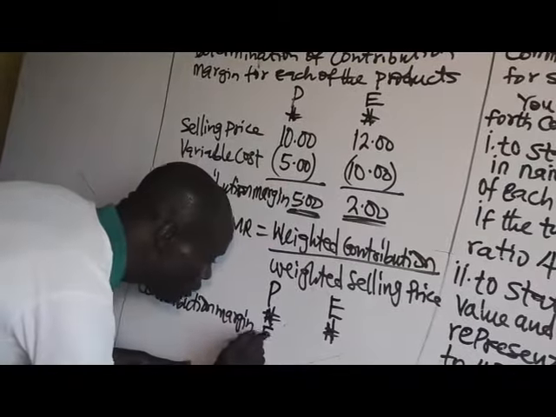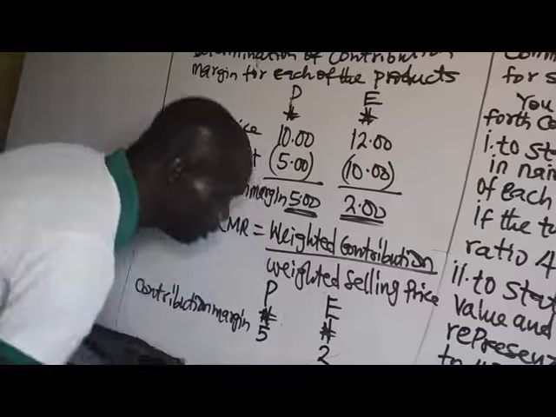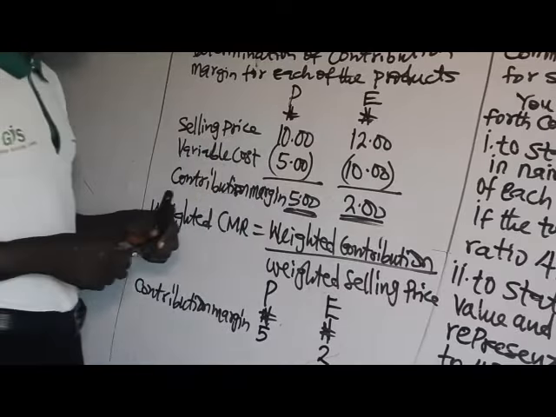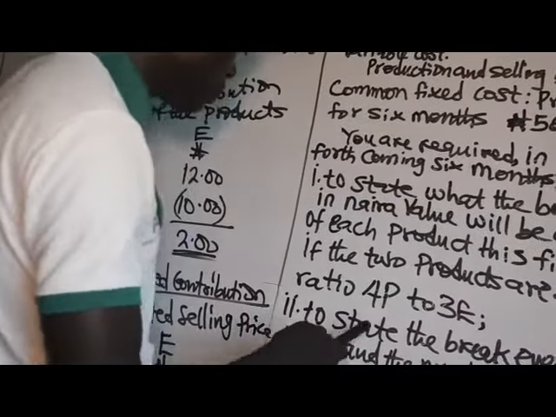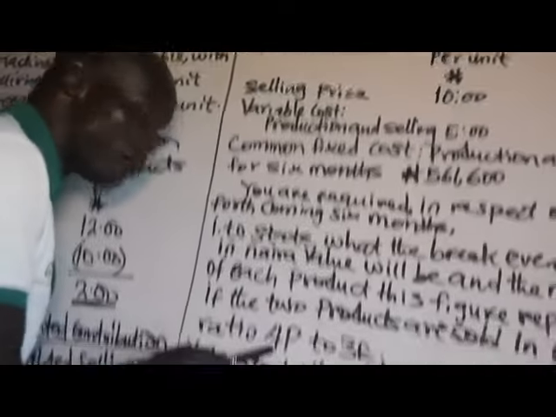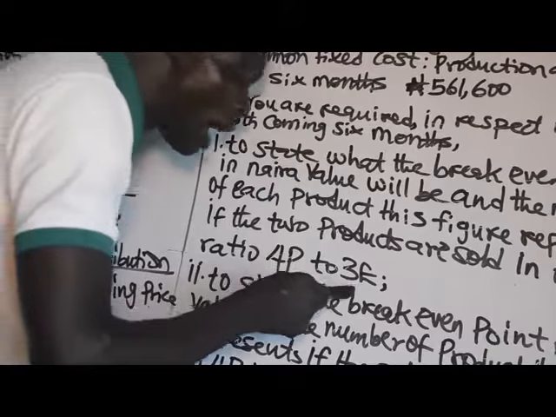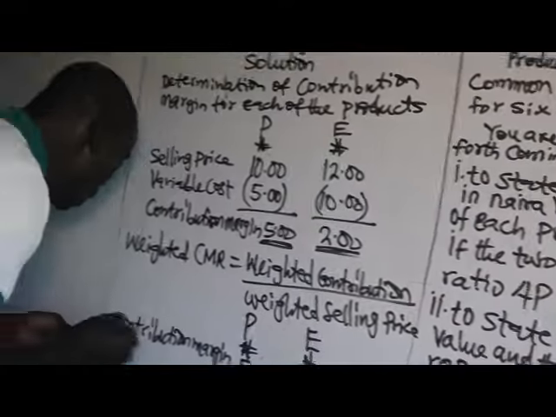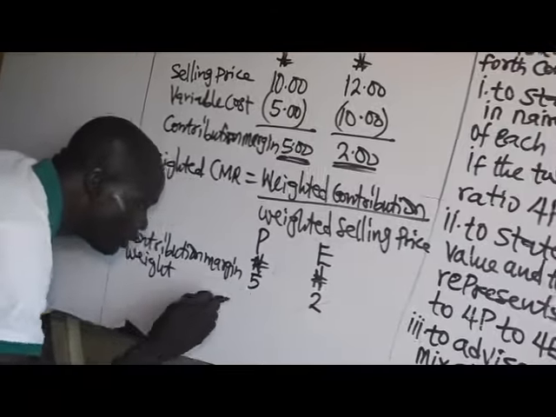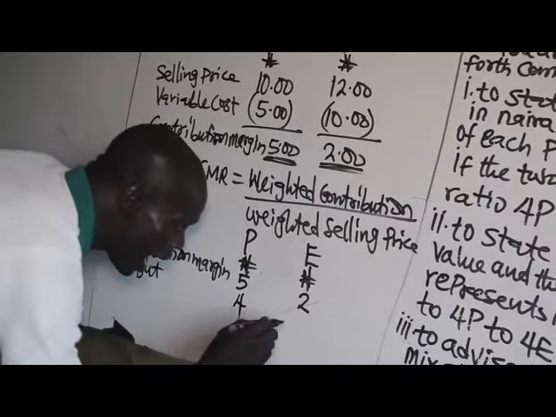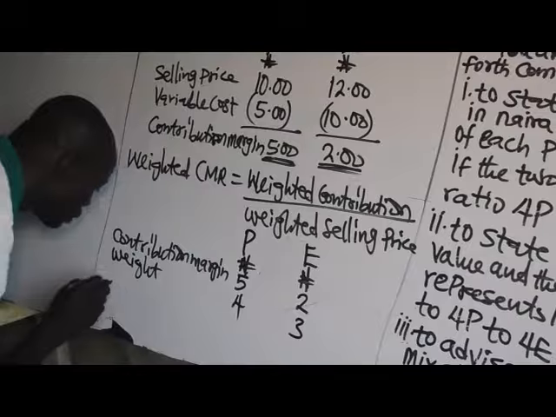We have 5 and 2 respectively. Then what are the weights? That is the sales mix. For product P, you have 4, and that of E, you have 3. So the weight is 4 for P, and 3 for E.